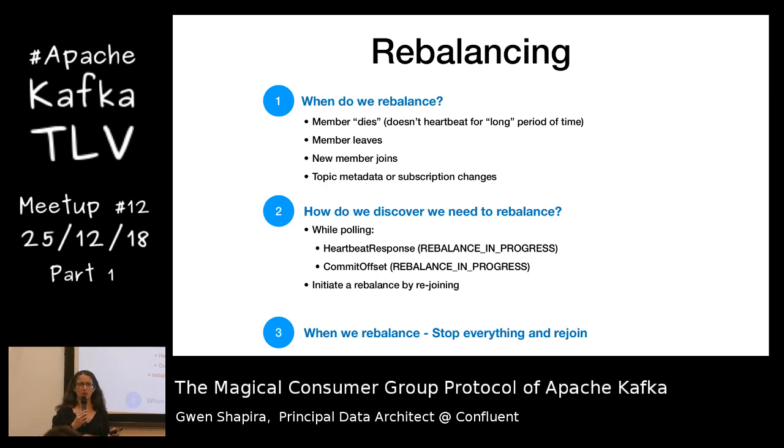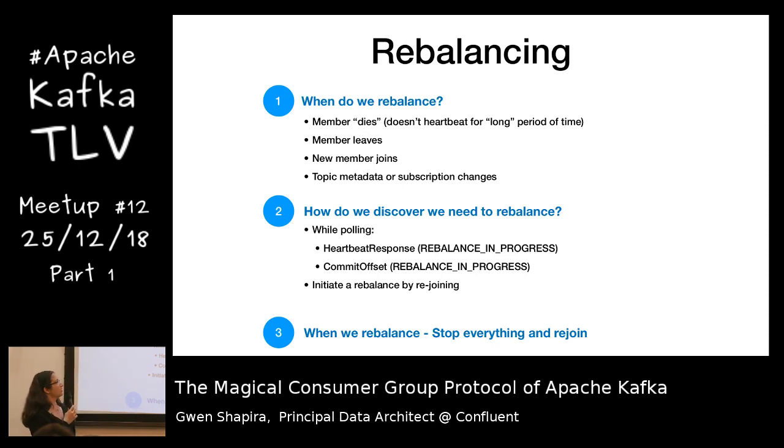I haven't read the proposal, to be honest, so I don't know exactly how it will be done. But I am looking forward to the results, because the stop the world part is really, really problematic when you do stream processing, and if you have large consumer groups, it can actually take quite a while, because it takes a while for everyone to join and the timeouts, etc.